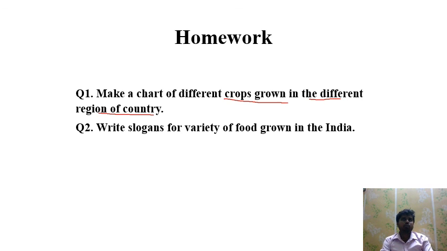You have to select any 5 states and make a chart showing which particular type of crop is grown in majority in each state. You also have to write slogans for the variety of food grown in India. You can write 3 to 5 slogans, and the most attractive slogans will be given some prizes.